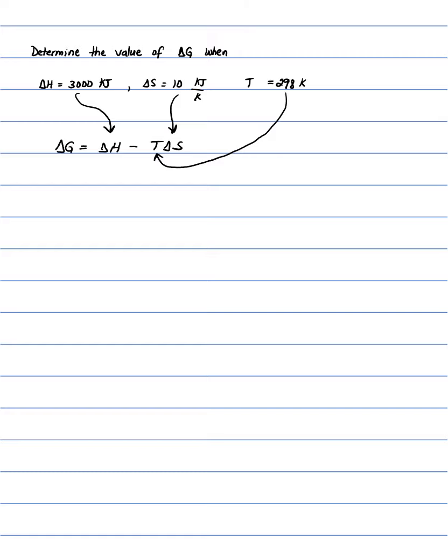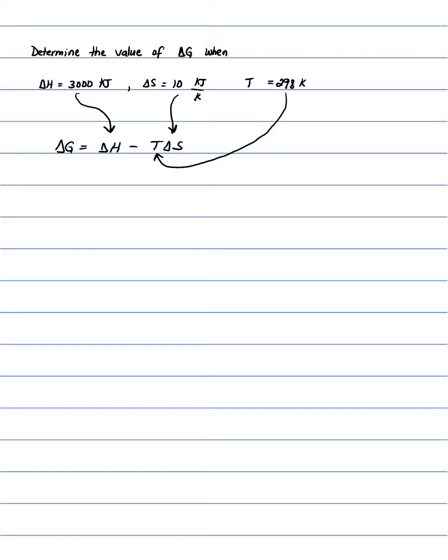So pause the video, plug in the numbers, and get the value for your delta G. In this example, we have the same unit, so we don't have to worry about that. You have kilojoules for the delta H, you have kilojoules for the delta S. But whenever you're solving a problem like this, make sure that the given amounts have the same units, right? The equation is a subtraction, so if you have kilojoules and joules, you cannot subtract those numbers because they have different units. So try to solve the problem and come up with your final answer.